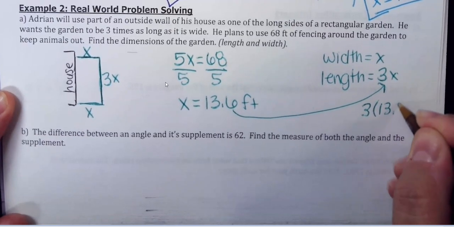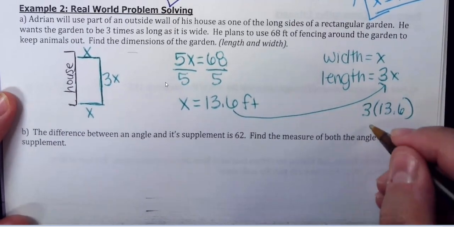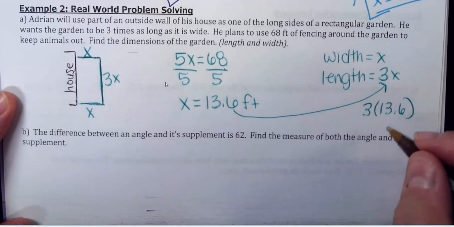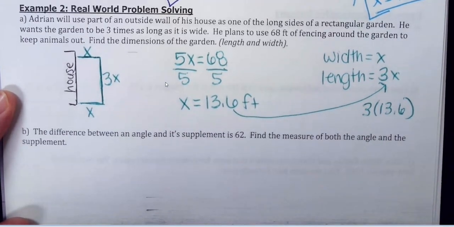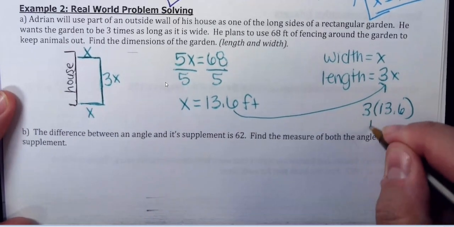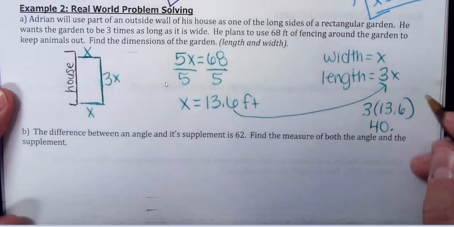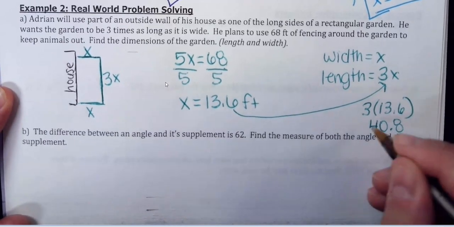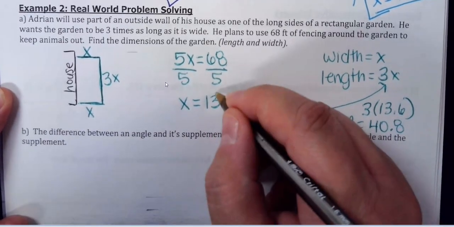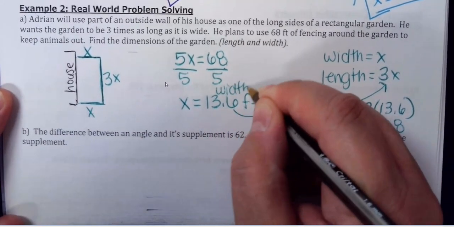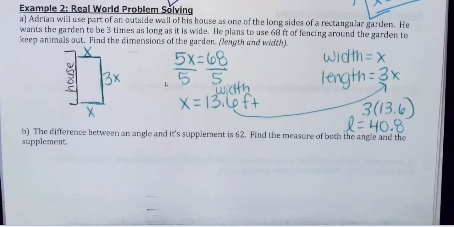So put in that 13.6 for x. This ends up being some number that I don't know. You got 40, okay, 40.8 there. So that's my length. This 13.6 is going to be the width. Anybody have a question?